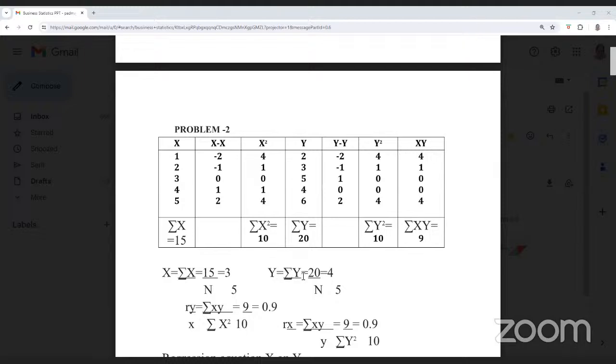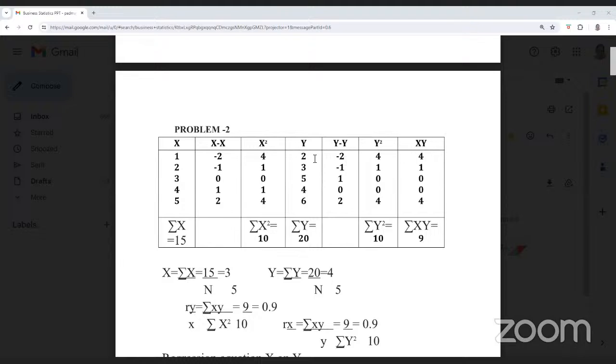Mean is sigma y, here it is 20. And how many observations here? We have 5. 20 divided by 5 is 4. Mean value of y is 4. Here what is the y value? It is 2. Y mean value is 4. 2 minus 4 is minus 2.